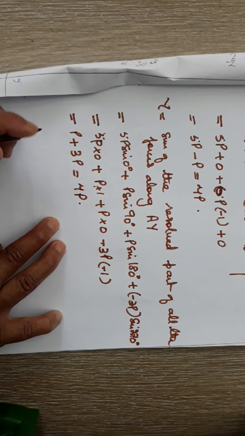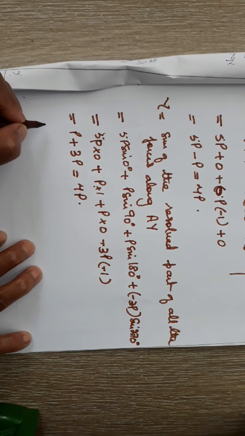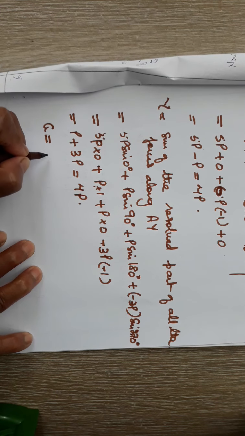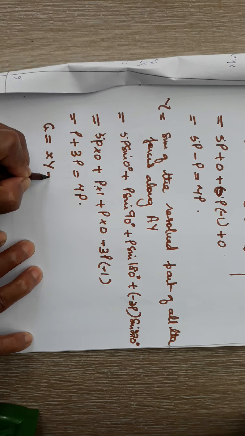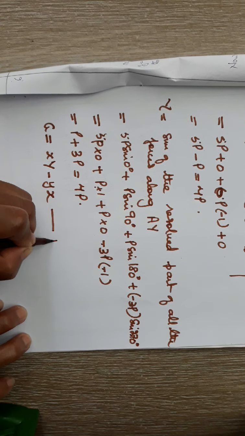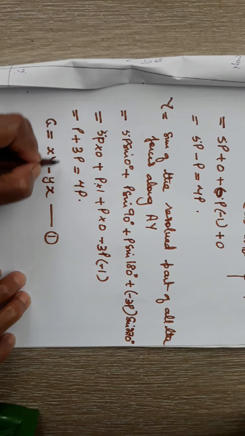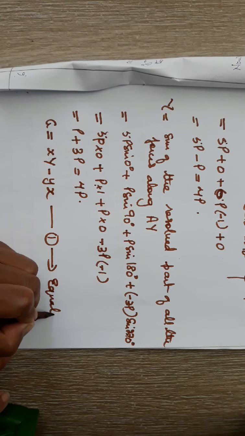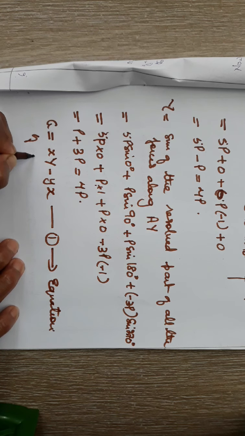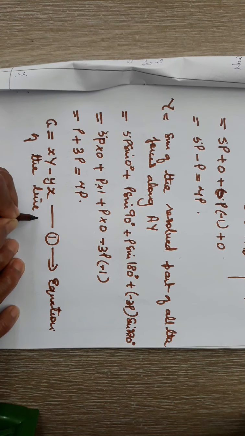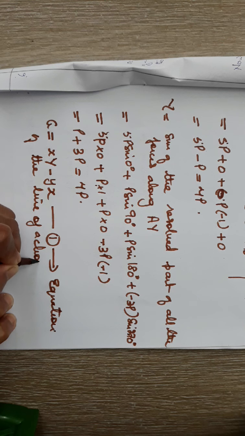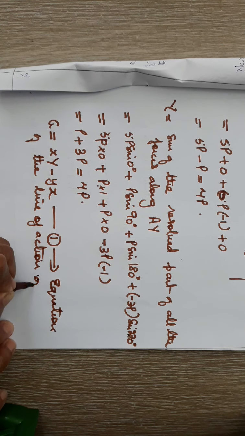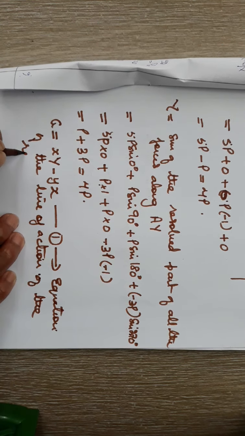Next we find the equation of the line of action of the resultant, which is G equal to xY minus yX. Equation 1 to find, this is nothing but equation 1 here is the equation of the line of action of the resultant.